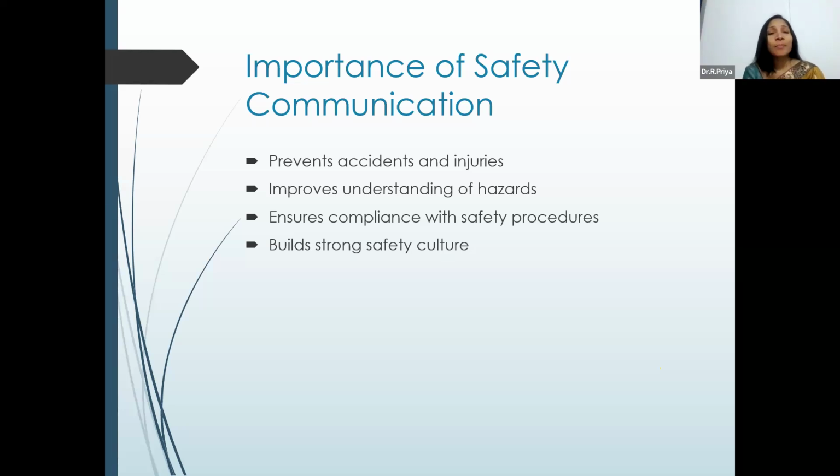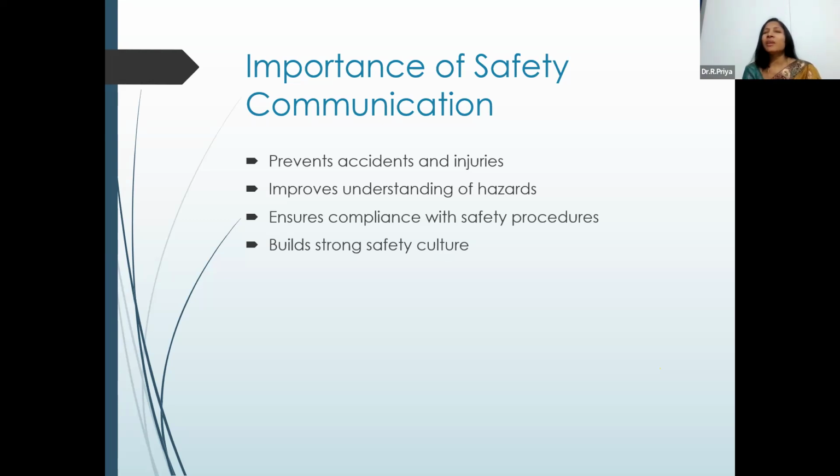Then, build a strong safety culture. A strong safety culture develops when safety is openly discussed and encouraged at all levels, not only at supervisor level; even operational-level people also want to understand, right? So it's very helpful for them. Regular communication shows that safety is valued more than speed or productivity.